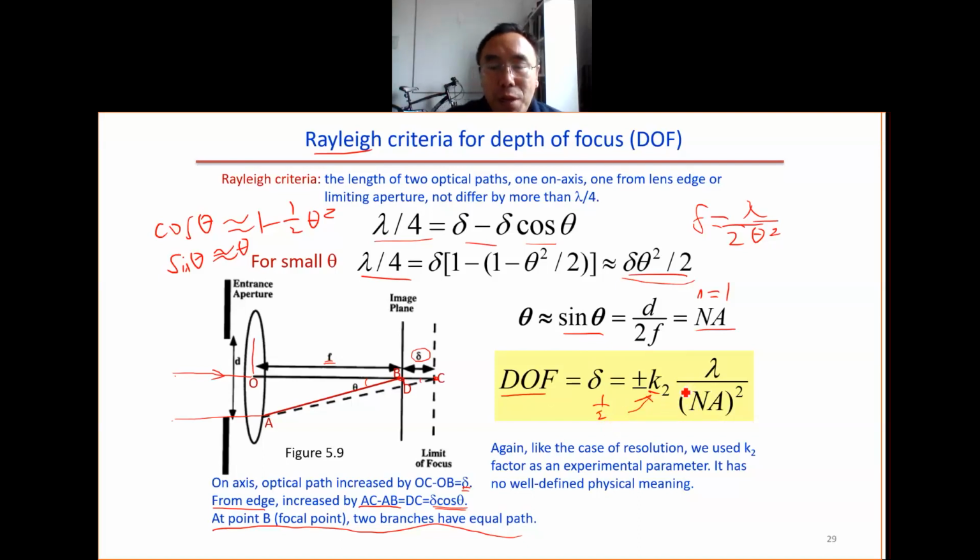It is given by this formula here. This is the depth of focus. So you have the plus and the minus, because it can be defocused this way, it can also be defocused the other way. So this is the depth of focus.